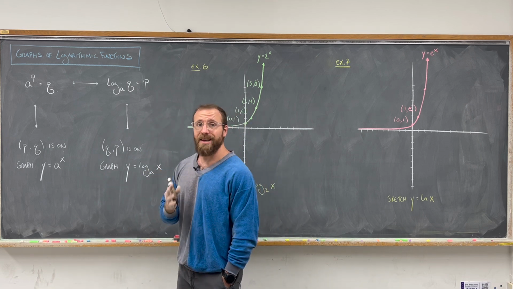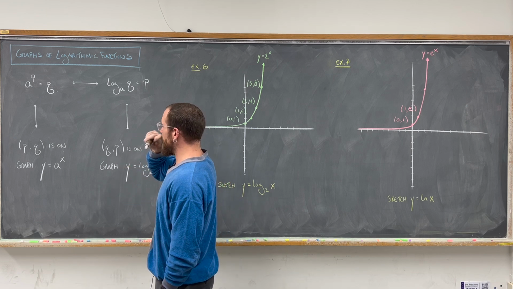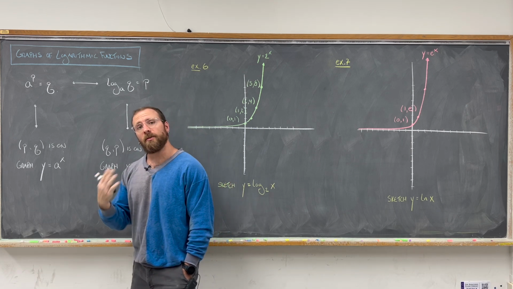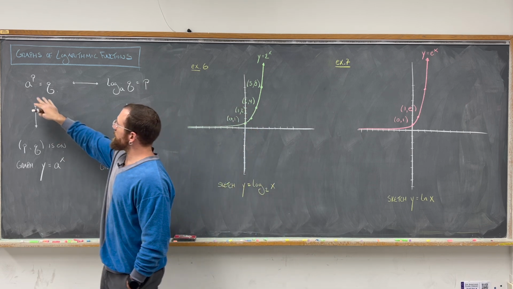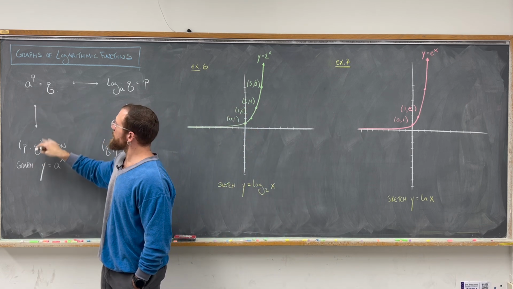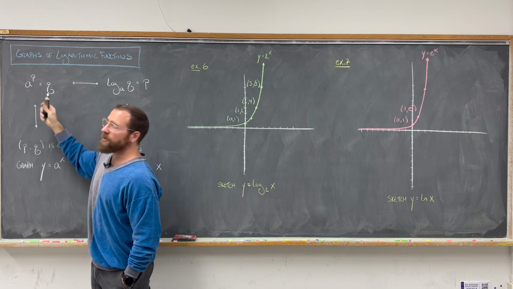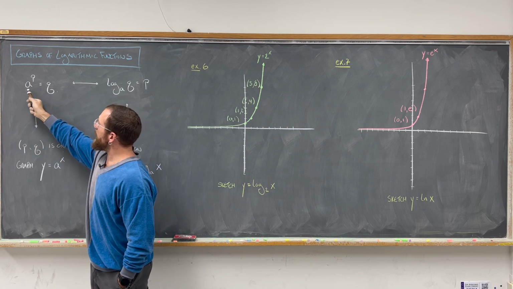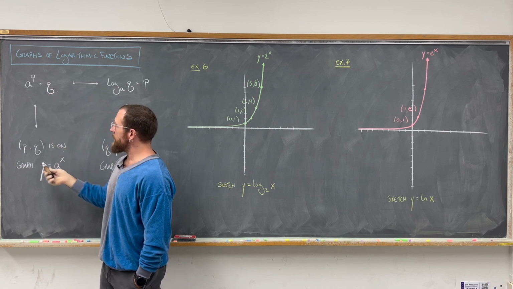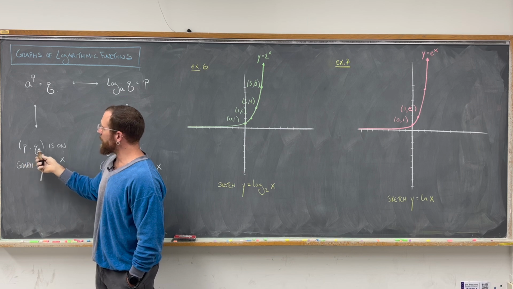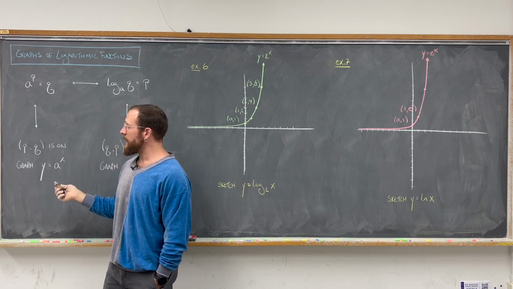So coming back to the definition of logarithms, they are the inverse functions of exponential functions. To remind us of some things about exponential functions and their graphs, suppose I know that p and q satisfy this equation, that a to the power p equals q. Well then, what I could say is that the point p comma q is on the graph y equals a to the x.